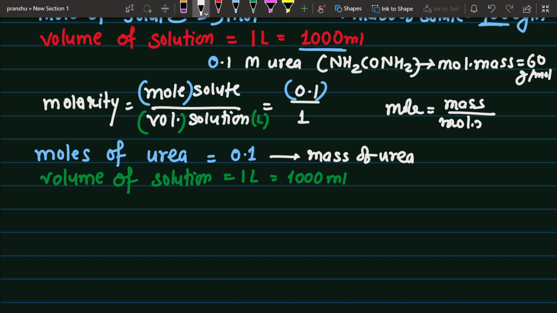Mole value is 0.1, mass we have to find, and molar mass is 60. This term will go and multiply, so mass of urea becomes 6 gram.